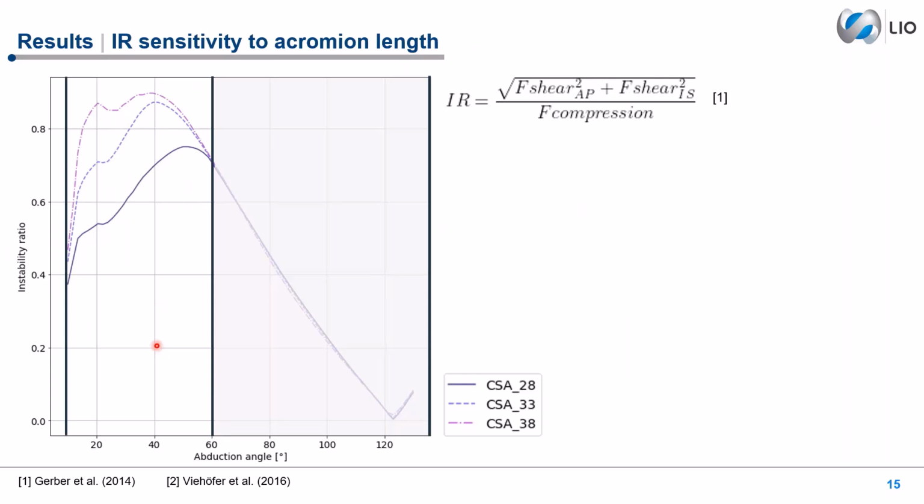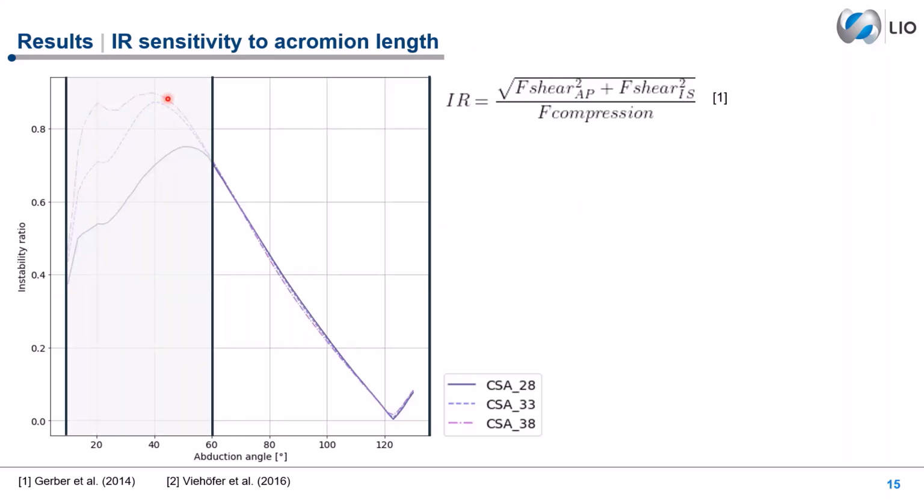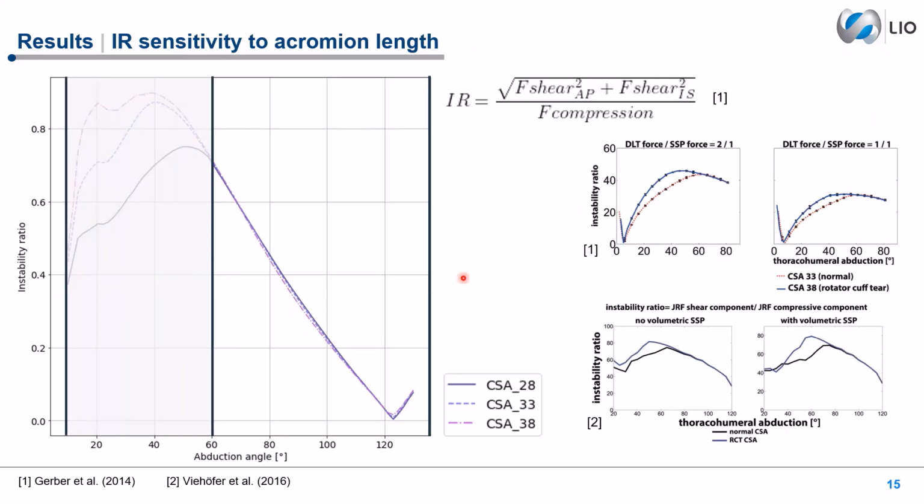We have more humeral head displacement, and the instability ratio is higher because it generates more shear forces. This instability ratio has also been observed in the literature with cadaver studies. And this effect of the CSA has been observed: a normal CSA has a lower instability ratio than a higher CSA with rotator cuff tear.